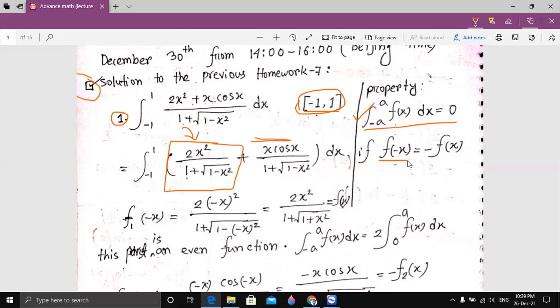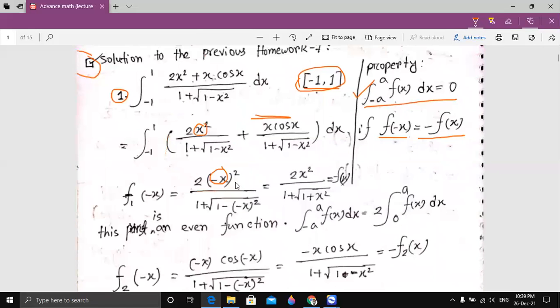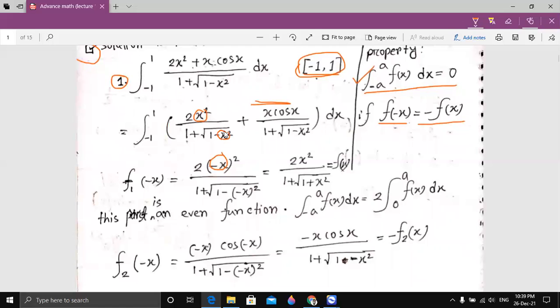We have to find f of minus x, and see if it is equal to minus f of x or not. So that's why I just write minus x instead of plus x. You see here also, I just write minus x instead of plus x.